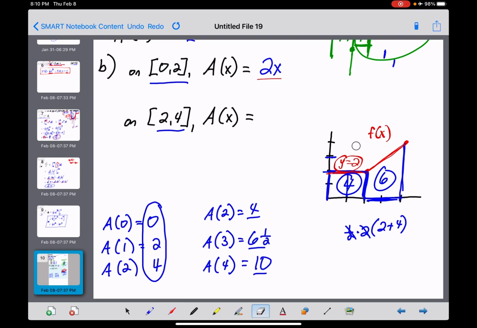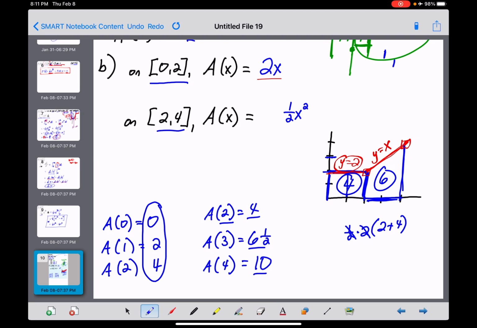It looks like that is the line y equals x. It goes from (2, 2) to (4, 4). Yeah, this is just the line y equals x. And if I were to anti-differentiate just that function on this interval from 2 to 4, I think that would get me something like 1/2 x squared. Now let's see what that would do for us.